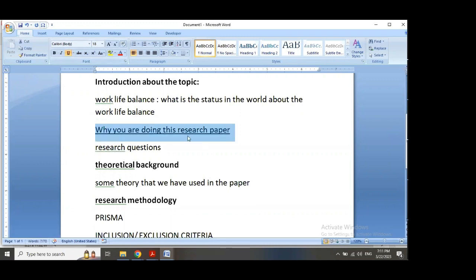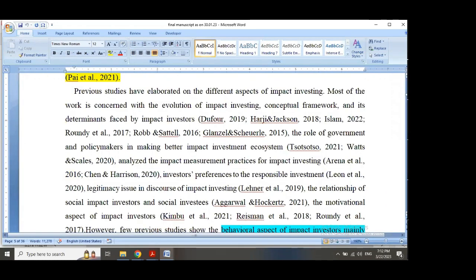When we are talking about the introduction about the topic, first you have to write about, let's say, work life balance as an example, what is the status in the world about work life balance. The next important aspect that you will be talking about in the introduction is why you are doing this research, and what the previous people have carried out in research. Everybody please read these lines.